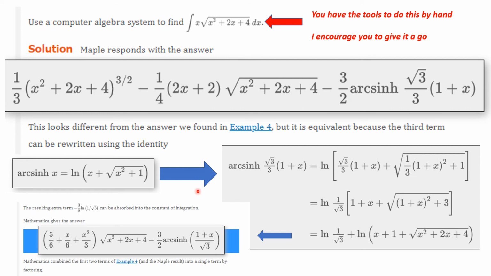But there is an identity, and we will cover this identity in Calc 2 later, that the arc hyperbolic sine of x is the natural logarithm of x plus the square root of x squared plus 1. In fact, I ask you a question about this later in the course.